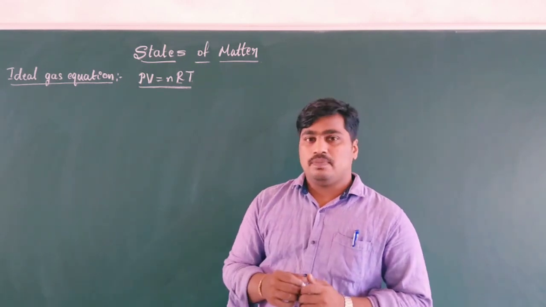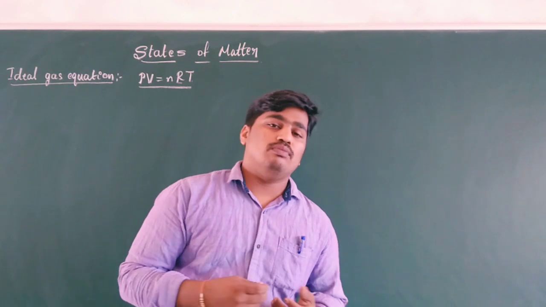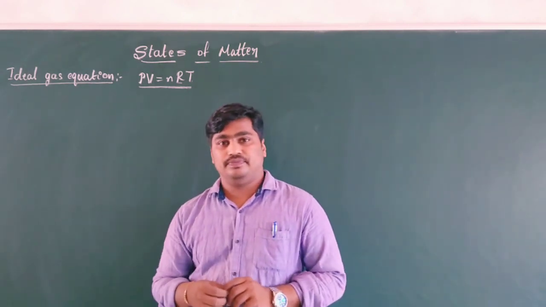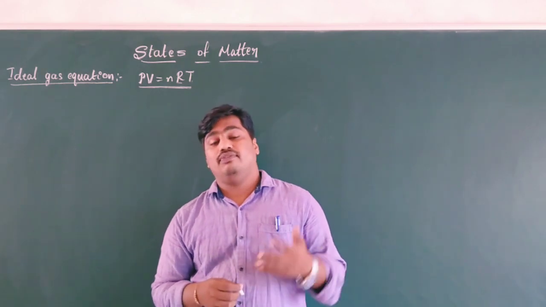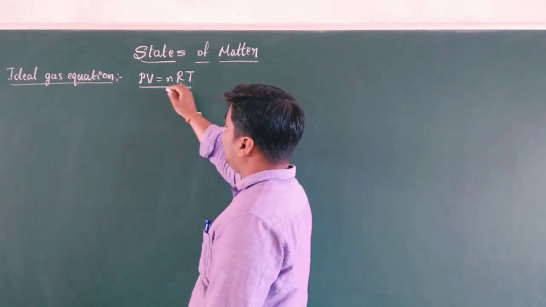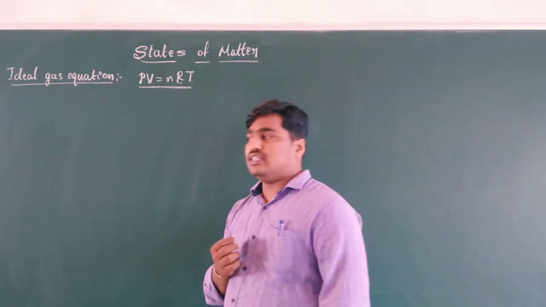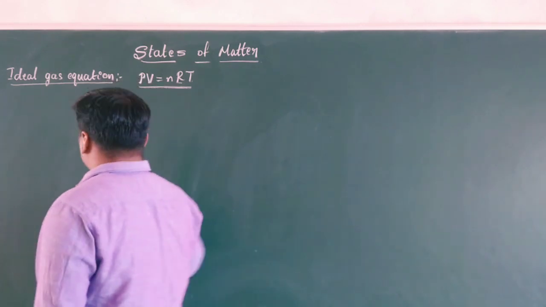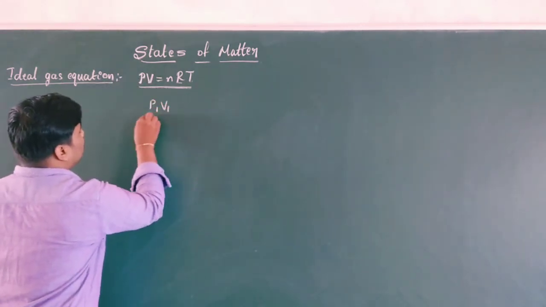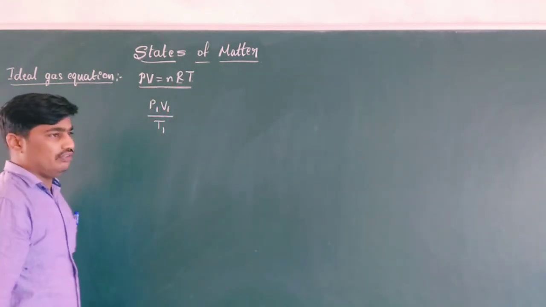Suppose we consider two or more systems. What is the ideal gas equation for two or more systems? Here R is constant, correct? Just rearrange the equation.